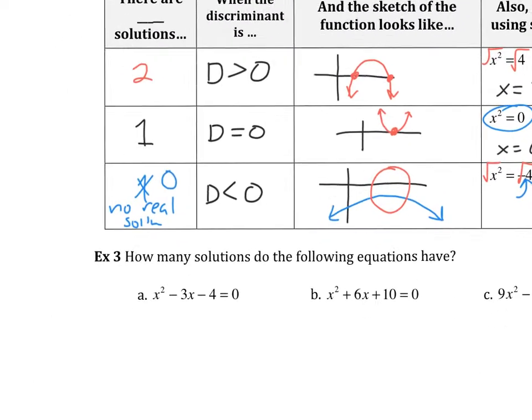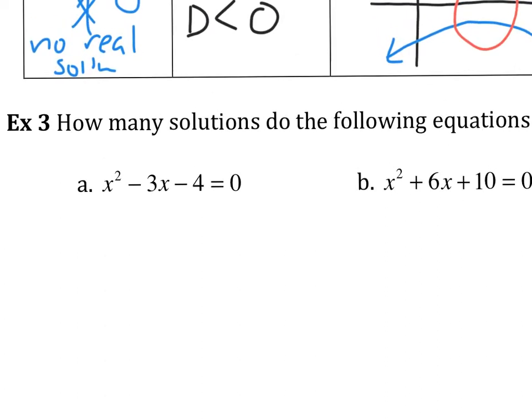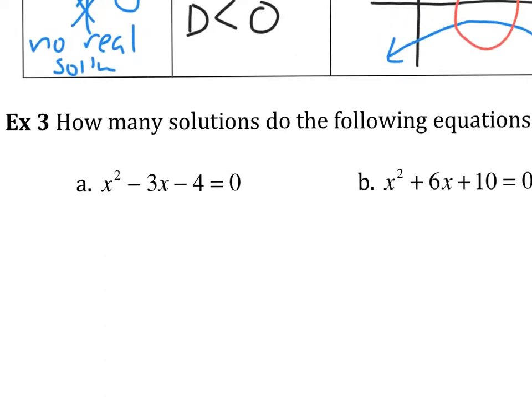So let's walk through a few examples together. The first one here, we do have to identify our a, b, and c. And I can do so in my head. And I am going to use b squared minus 4ac. Since I'm using the discriminant, I'm going to write it down. A is 1, b is negative 3, and c is negative 4.